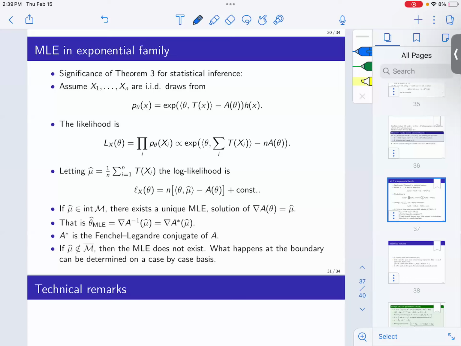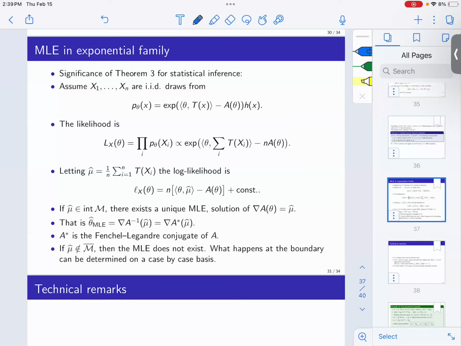You get n times that. We try to calculate the MLE. We take a log, differentiate, but it's a log likelihood, and then differentiate. The end result is that you have gradient of the potential equal to omega. This we did before.